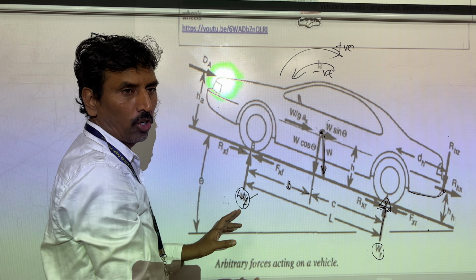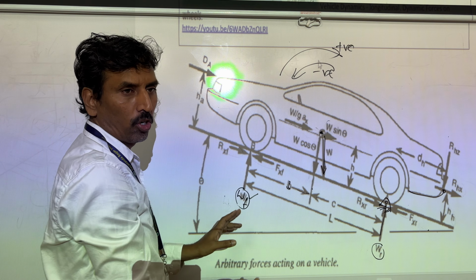So this is done. Then let us take this value dA, which will be acting like this. About the rear axle, there will be a force at a perpendicular distance of how much? HA. So that is positive again, because it's trying to rotate this clockwise. So that is also plus, dA times HA.